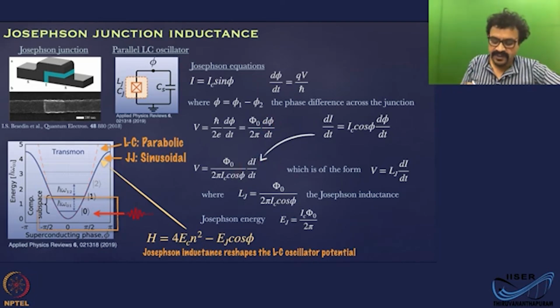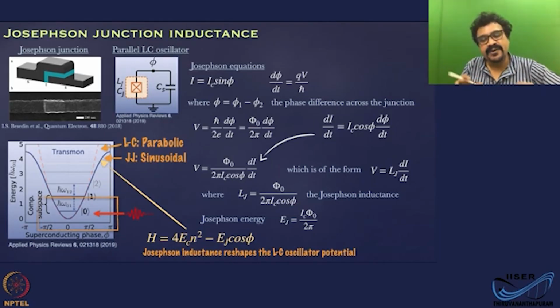And voltage is some inductance times the time rate of change of current. So that inductance L_J, the Josephson junction inductance, is phi 0 divided by 2 pi I_C times cos phi. Now you have run into a very interesting situation here.